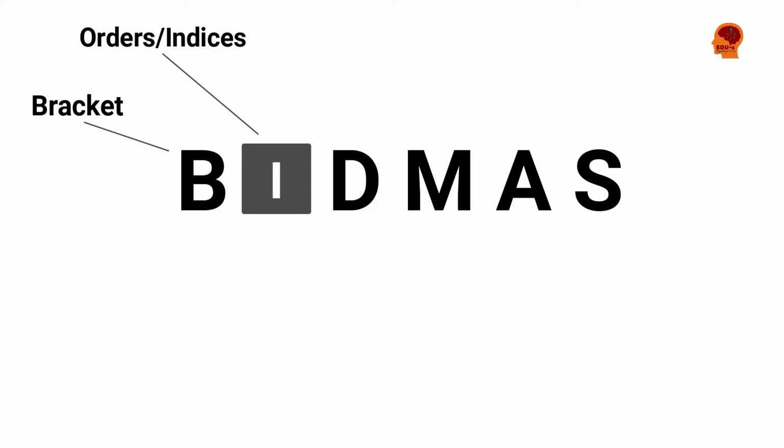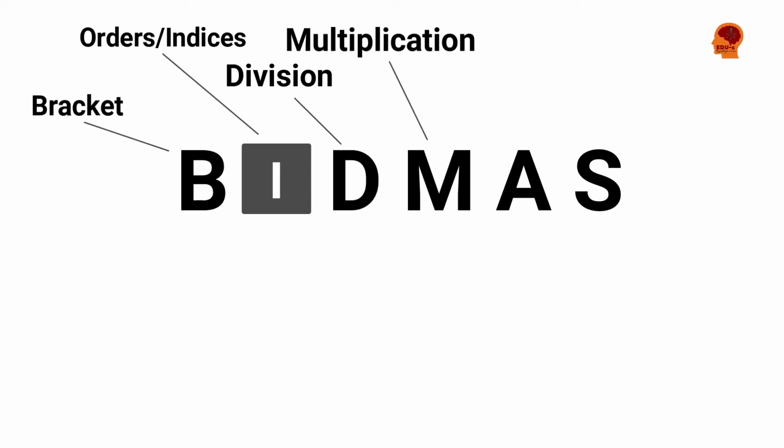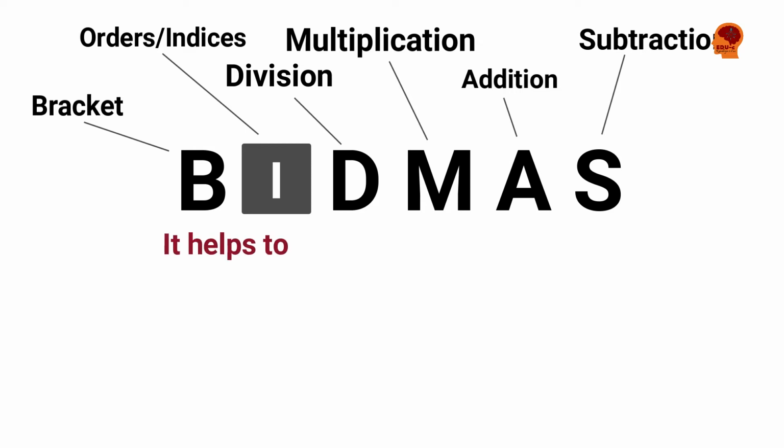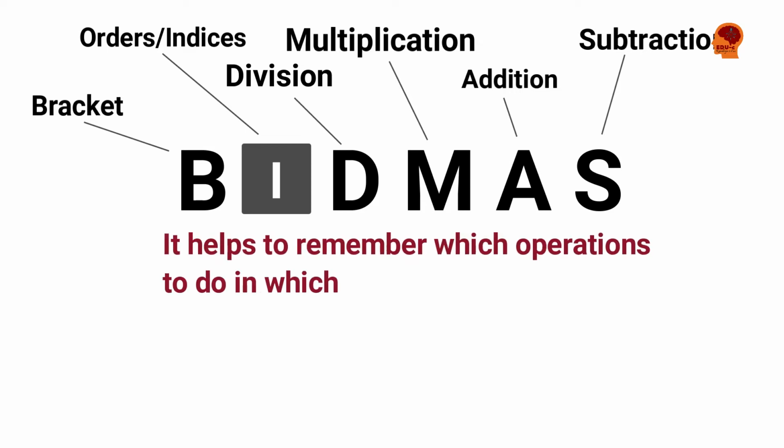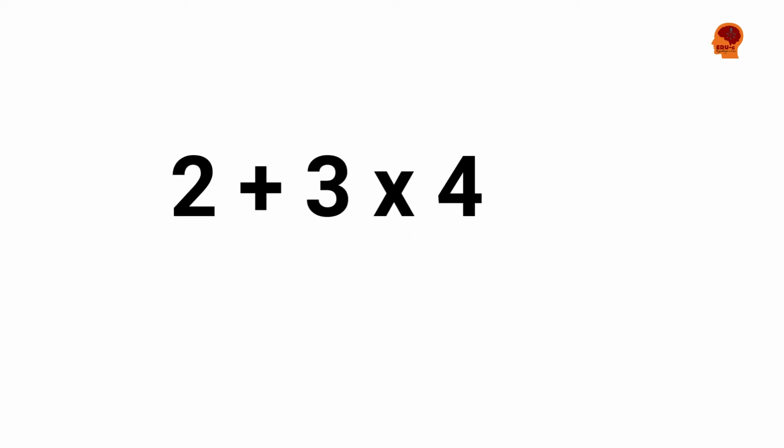The correct order is brackets, orders, division, multiplication, followed by addition and subtraction. The whole point of BIDMAS and BODMAS is to help you remember which operations to do in what order.